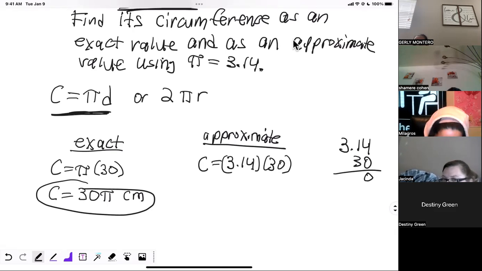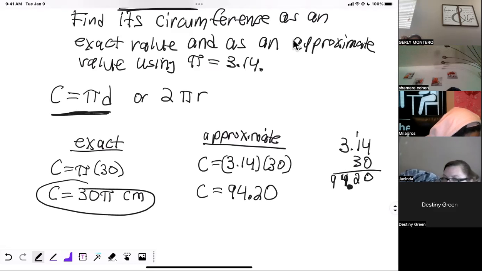And then if we add a 0, 12, 3, 4, 9. And then I have 2 decimal places, 2 decimal places. So I'd be over here. So my approximate value is 94.20. You don't have to do the 0. You can put 94.2 if you want. Doesn't matter. Either one is right. And that's the difference again between exact and approximate.